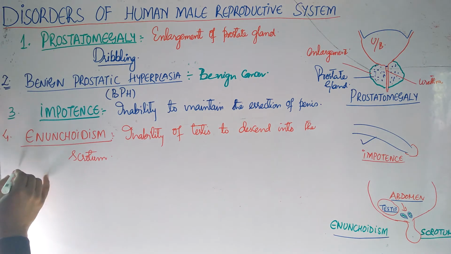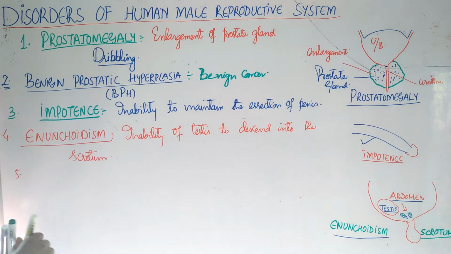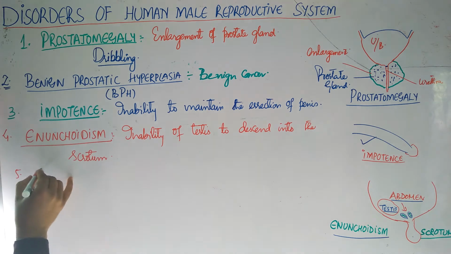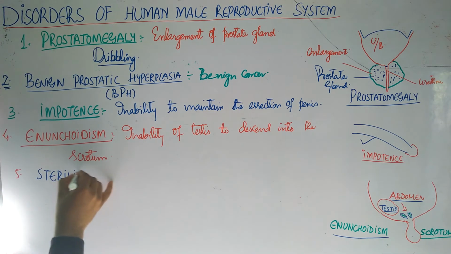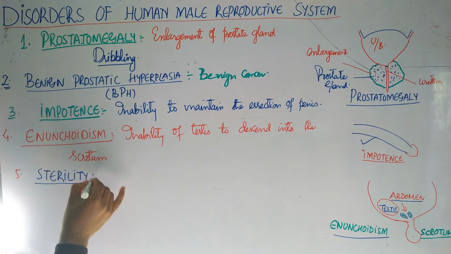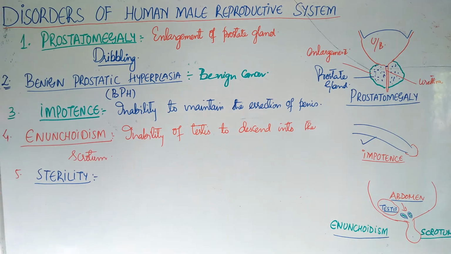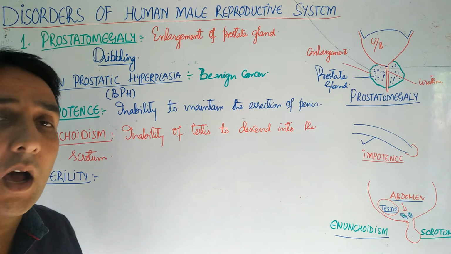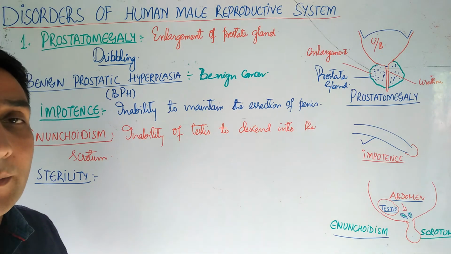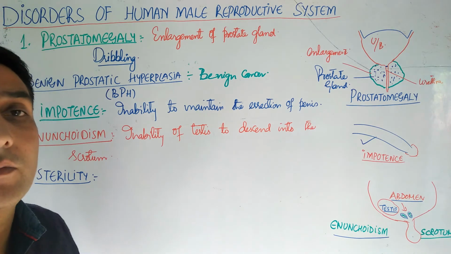And after that, there is another disorder which we call sterility. Sterility is the failure of the person to produce spermatozoa, or to produce spermatozoa which are not able to fertilize the ovum.